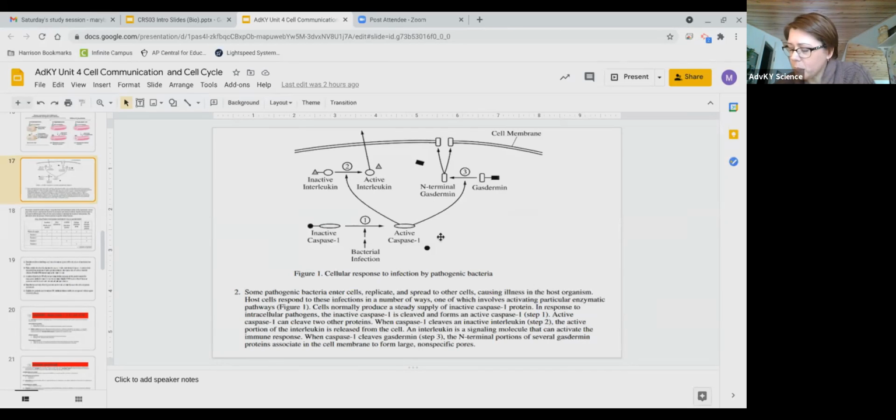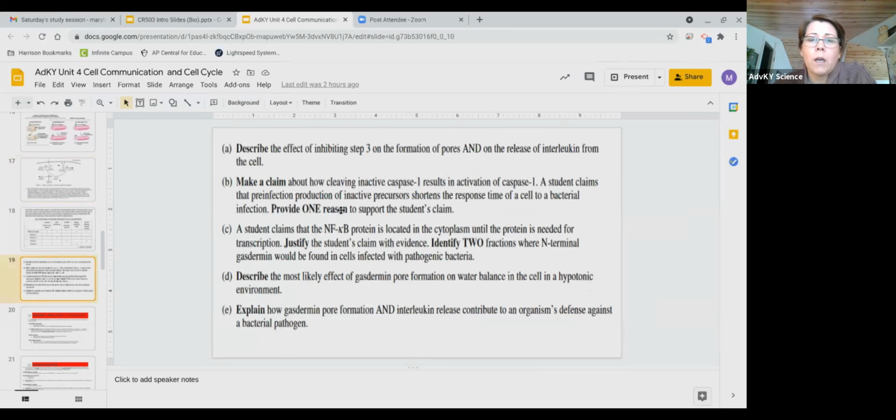The second part of this question was asking you to support a student. So the student says the pre-infection production of the inactive precursor shortens the response time. Can you provide a reason to support that?